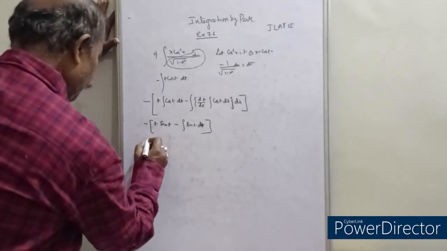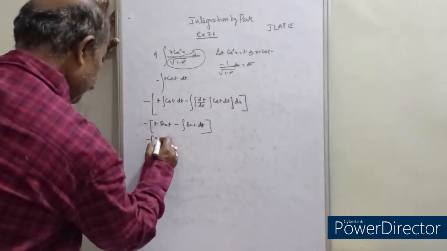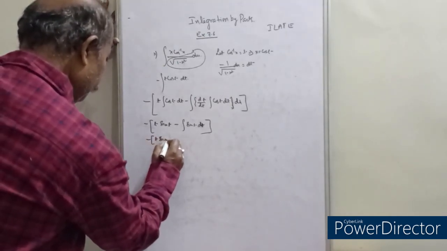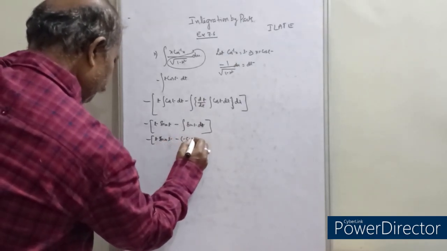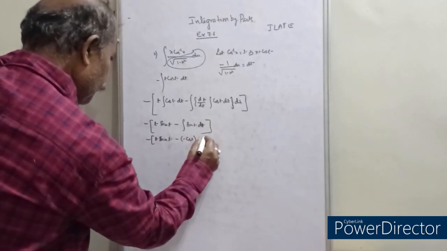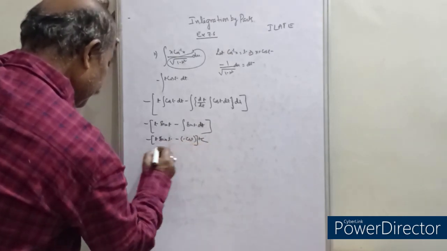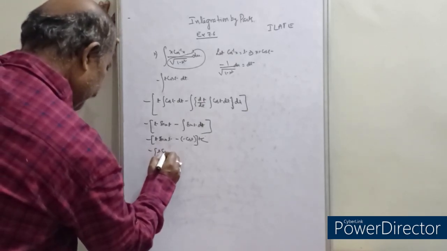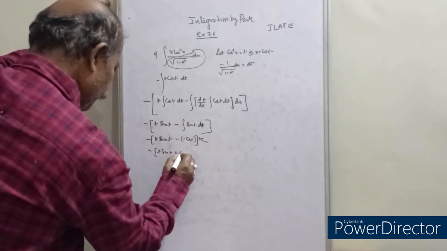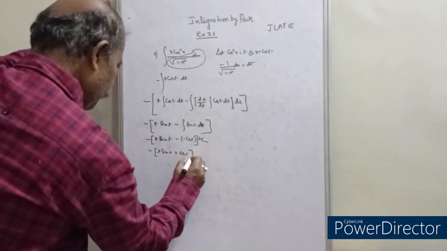Now I am going to integrate it further: t sine t minus the integration of sine t, that is minus cos t, plus c. So this comes out to be minus t sine t plus cos t plus c.